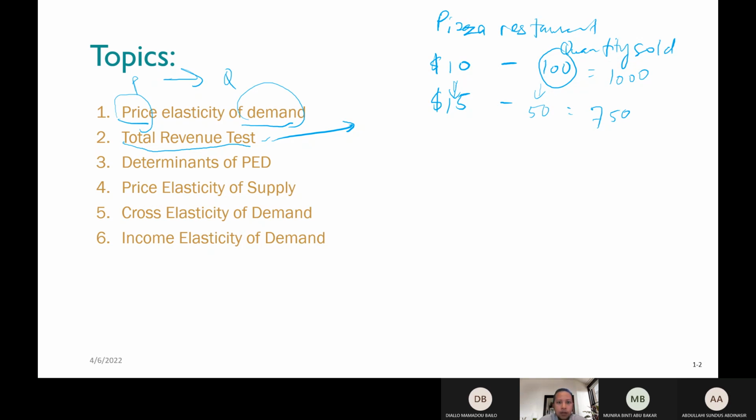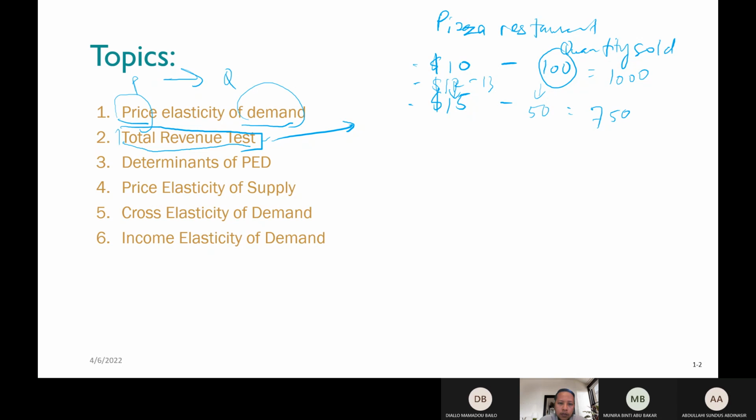So you have to consider whether it is better to increase the price, let the price remain, or maybe only increase up to 12 or 13. There is a consideration related to this, which is called the total revenue test.